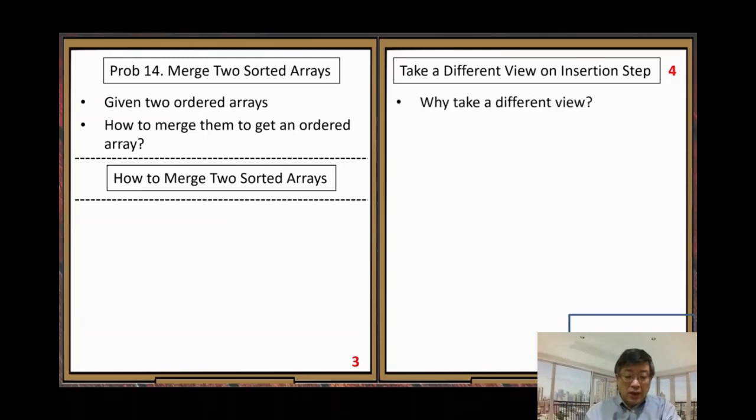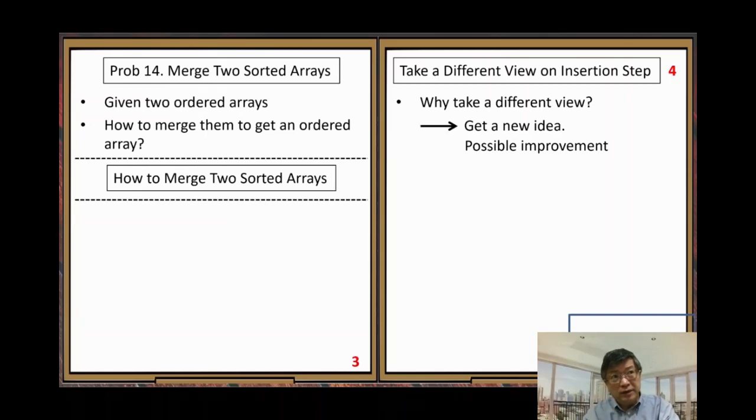All right. So why take a different view? The answer is straightforward. Get a new idea. We want to have a new idea and a possible improvement. When we try some new idea, we may have a chance to have improvement.